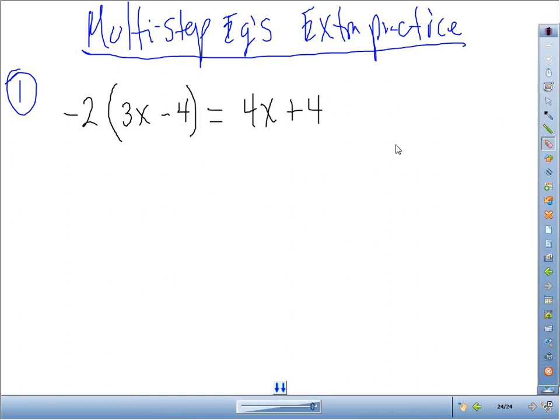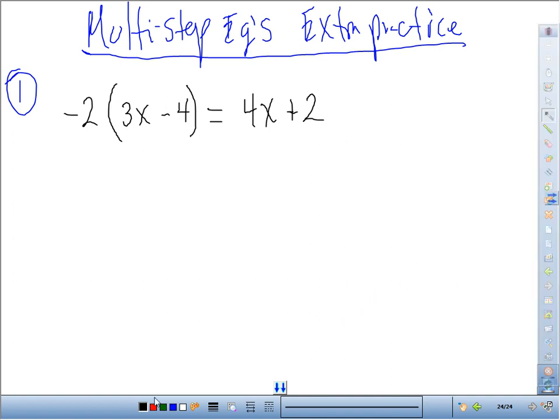Actually, plus 2, change it. Okay, see how you do with that one. I'll give you some time to do that by yourself, and I'll go over the process. Go.